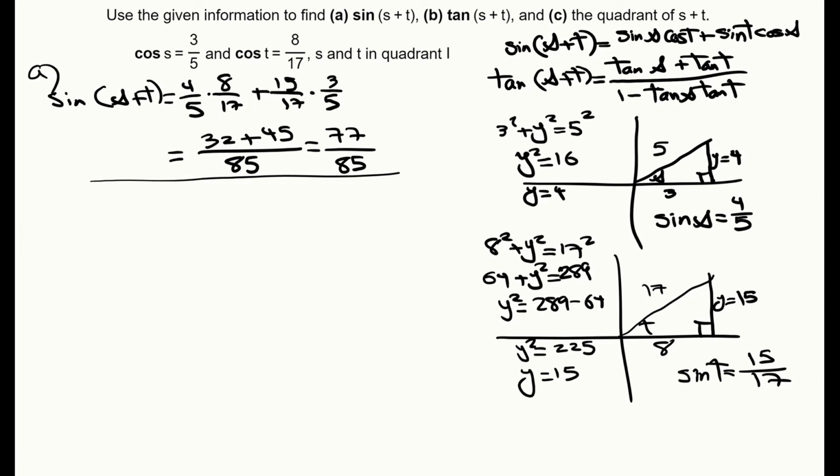For part B, we need to find tangent of s plus t. Which, using the formula, is going to be the tangent of s. Now, we have actually a nice graphic of s right here. So tangent is opposite over adjacent. So it's going to be 4/3 plus the tangent of t, which we can see from the picture, will be 15 over 8.